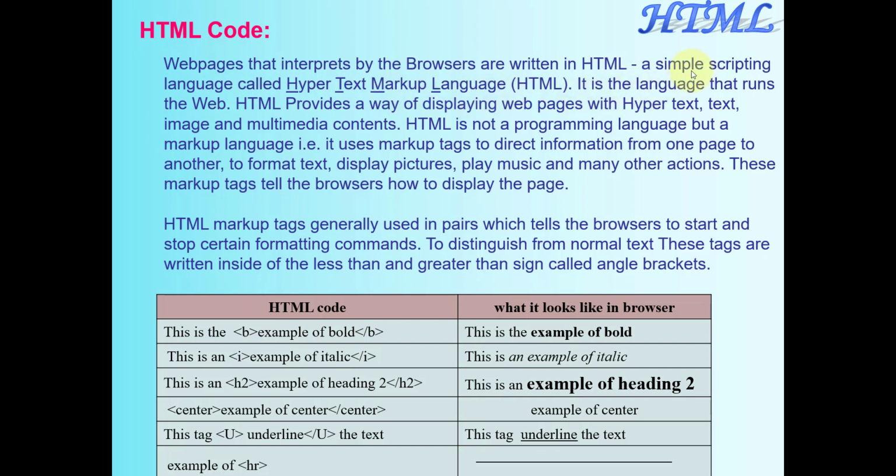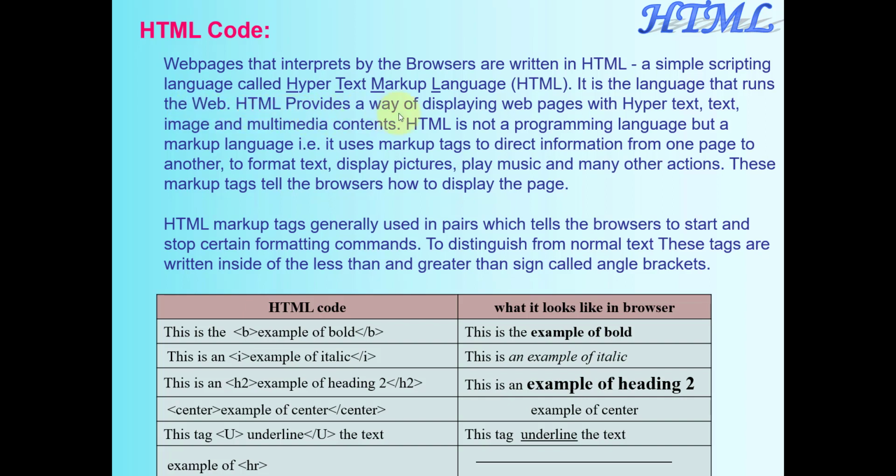So this is a simple scripting language, clear? And its full form is Hyper Text Markup Language. It is the language that runs the web. So with the help of HTML, we are able to run it on the web.